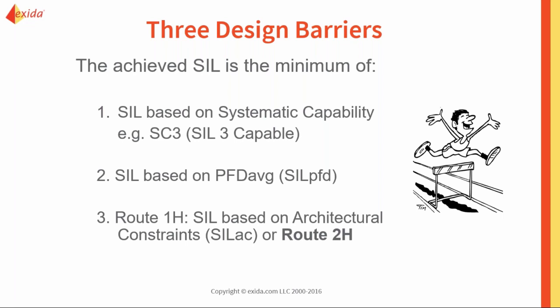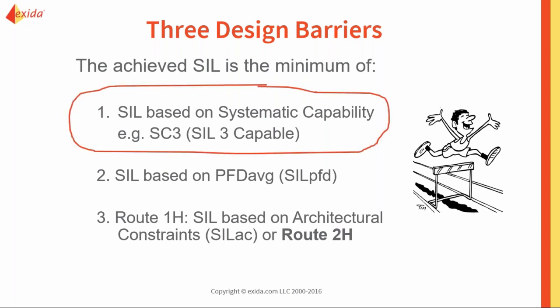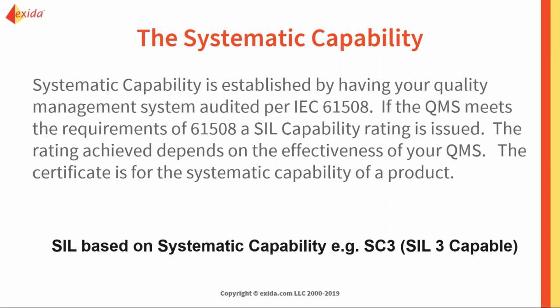So let's start by looking at the first barrier, the systematic capability. The systematic capability of a product is all about the quality management system. This is where the requirements for that quality management system come into play. The systematic capability is established by having your quality management system audited per all of the requirements of IEC 61508.